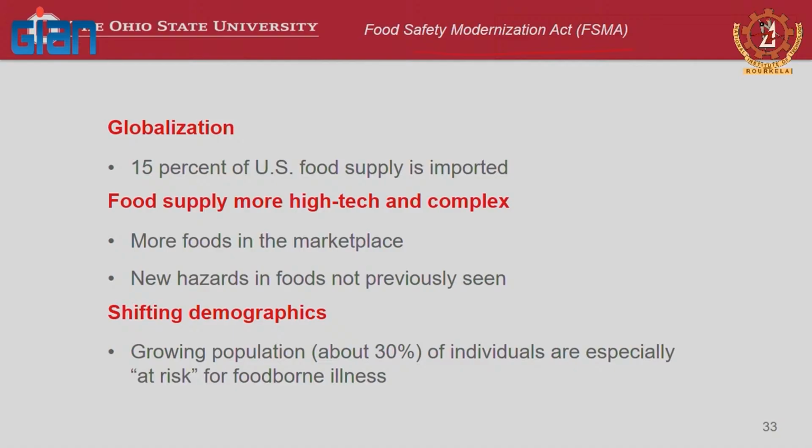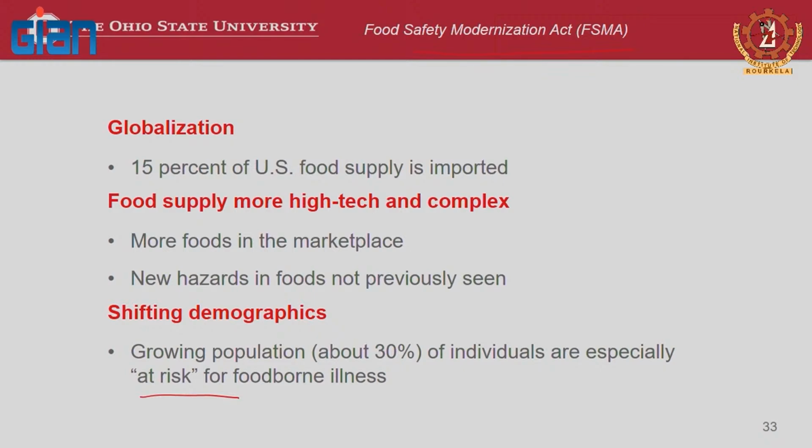That is where the Food Safety Modernization Act comes in. And then there is also a growing population of seniors. For example, while this may not be a concern in India, where we have more than 40% young people, in the US it is more seniors.